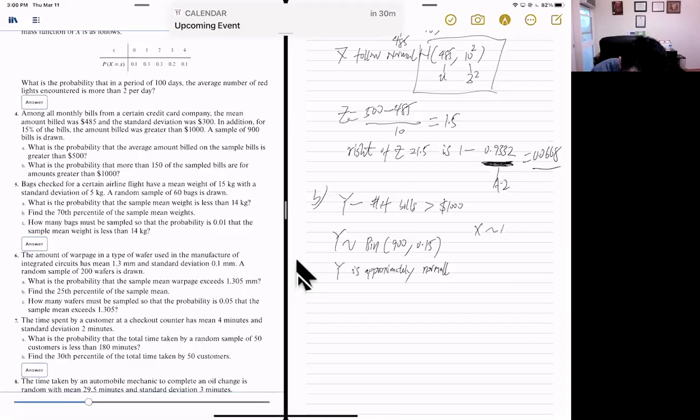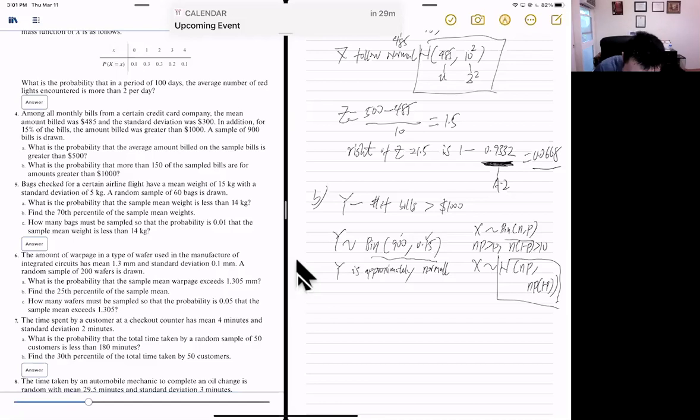So if X follows binomial N, P, and NP larger than 10, and N times 1 minus P also larger than 10, then X can also be seen as following a normal distribution of NP and NP times 1 minus P. Right now, we know it follows a binomial distribution, N is 900, P is 0.15.